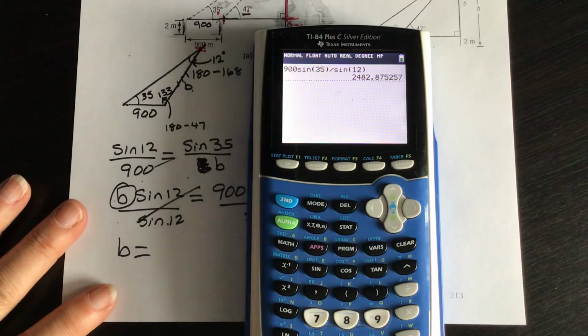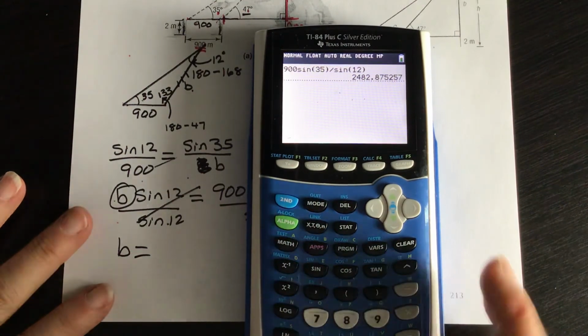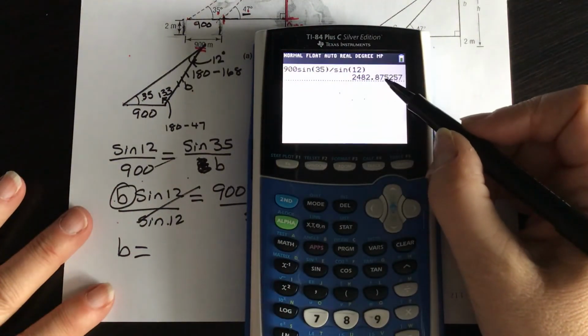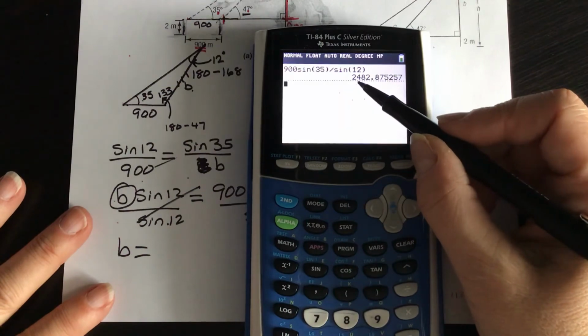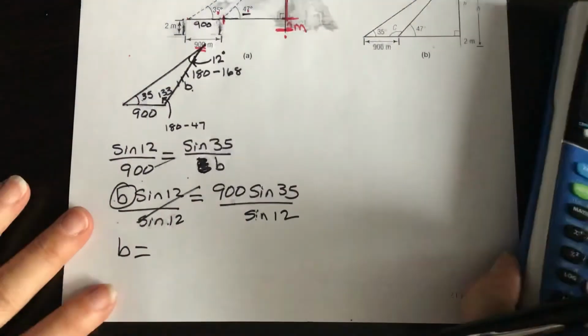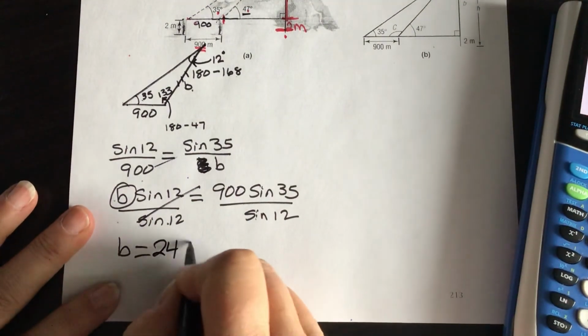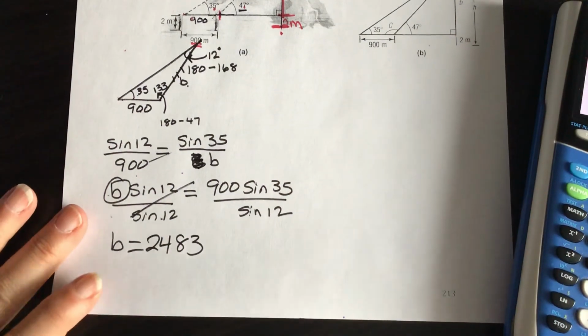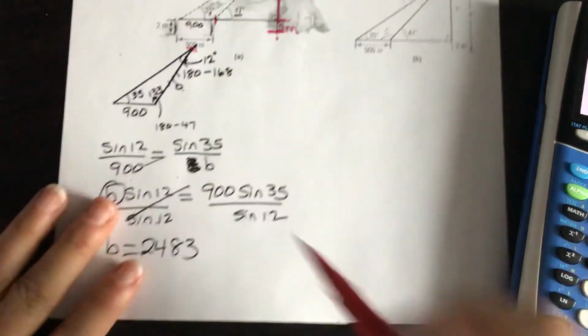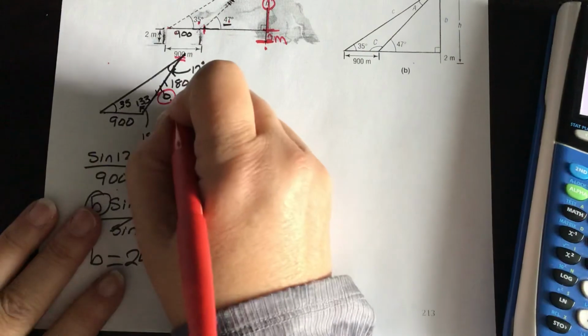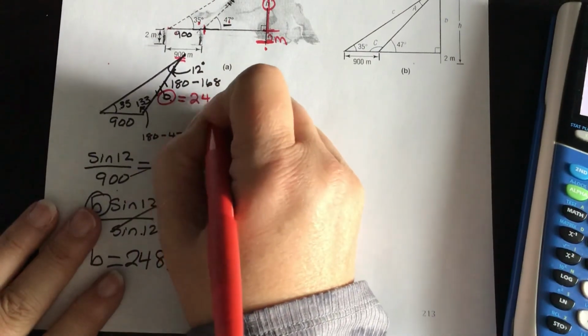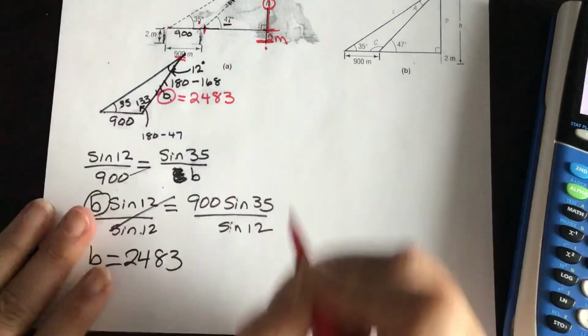That gives me 2,482.8. So let's make this 2483. So the length of this side right here is 2483.